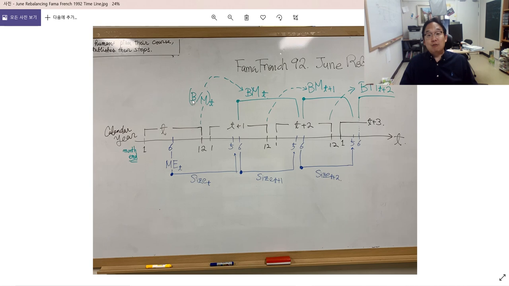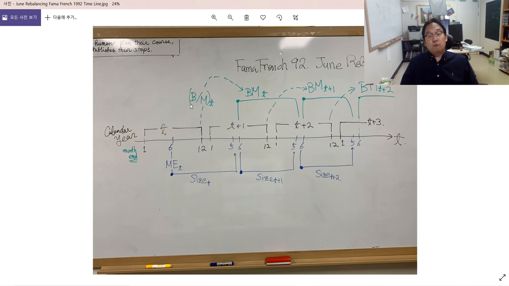And accounting information comes every year, not every second. Forget about quarterly earnings announcements and things like that. I know it's more frequent than that, but let's consider annual frequency. And that was the standard way of doing it ever since Fama French 1992 and 93. They use June rebalancing. What is that about? I'm going to talk about it from now on, so wait.